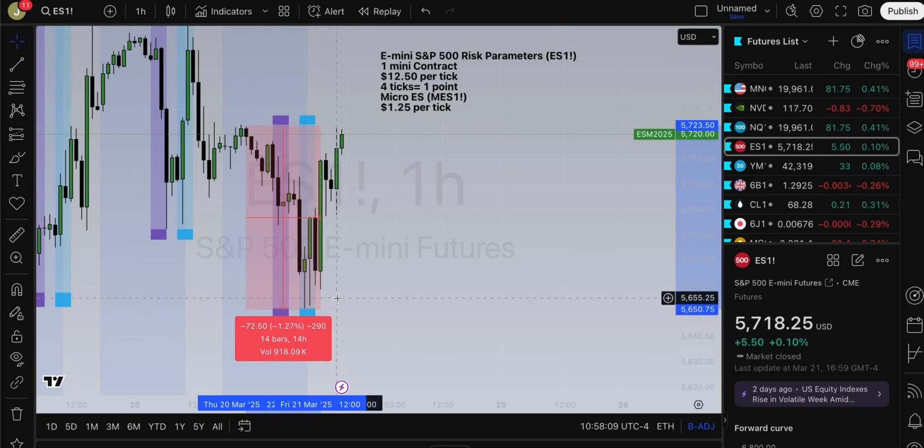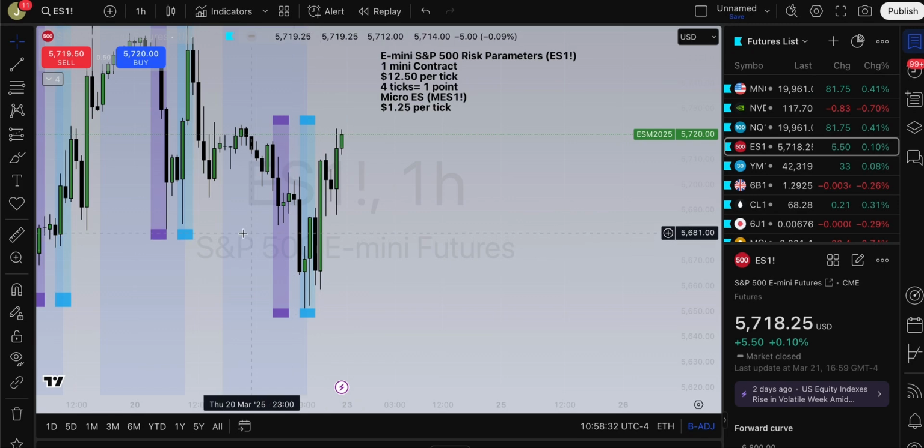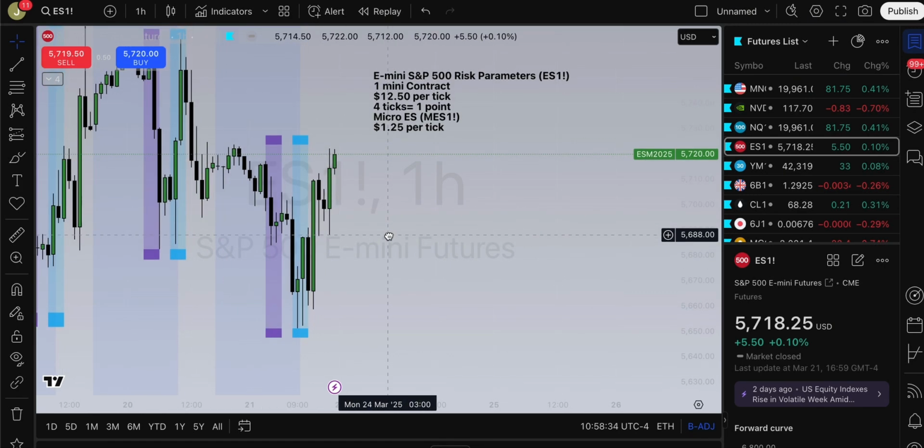So 290 times 12.5 will be $3,625. That's how much money you would have potentially made trading one mini contract. For the micro, you divide that by 10, and you get $362.50 for that move.